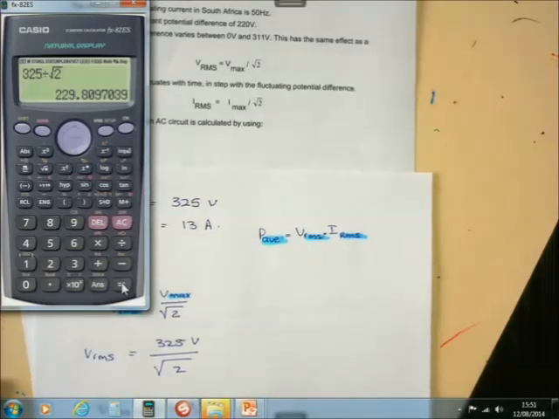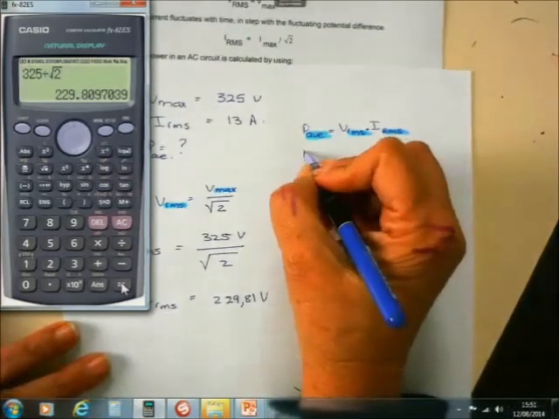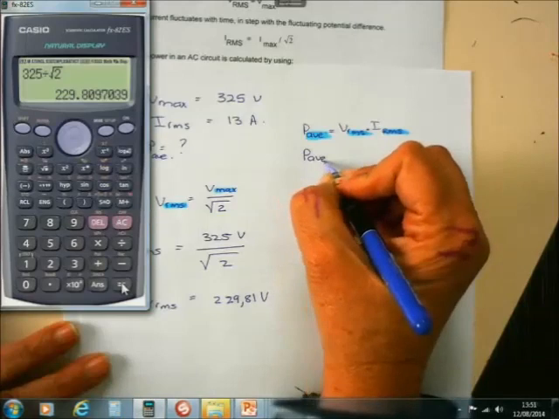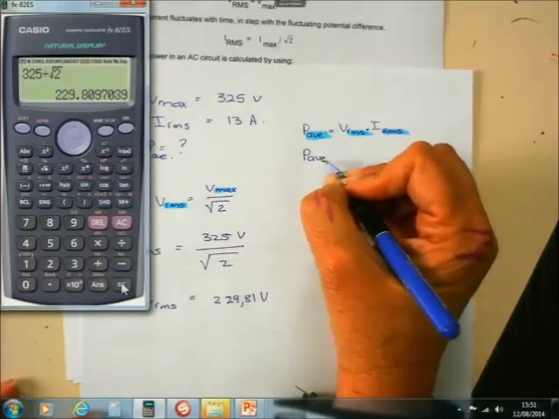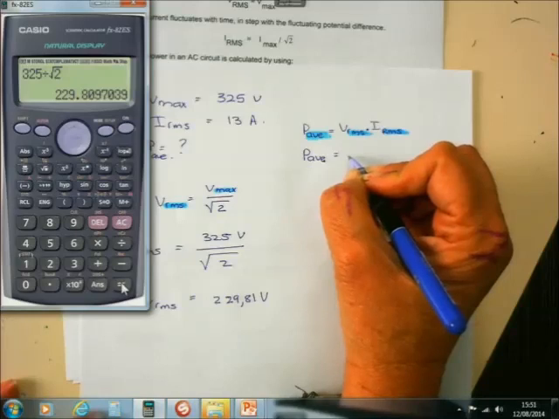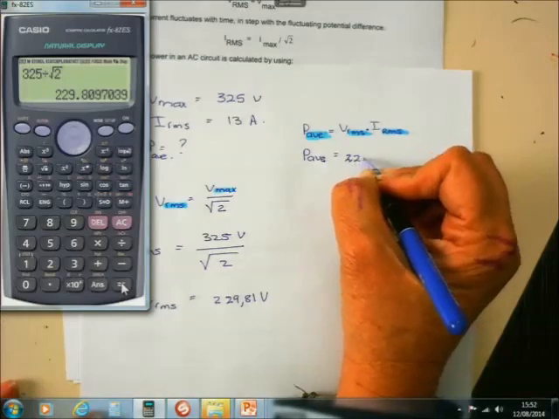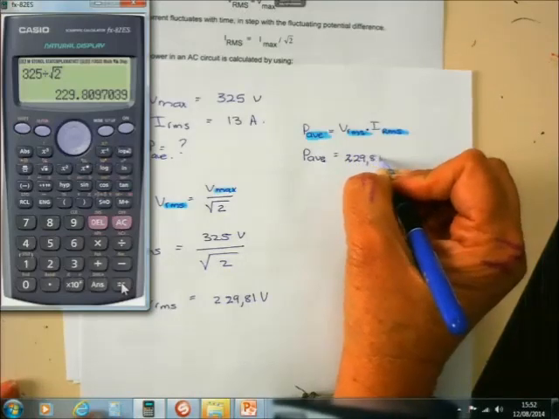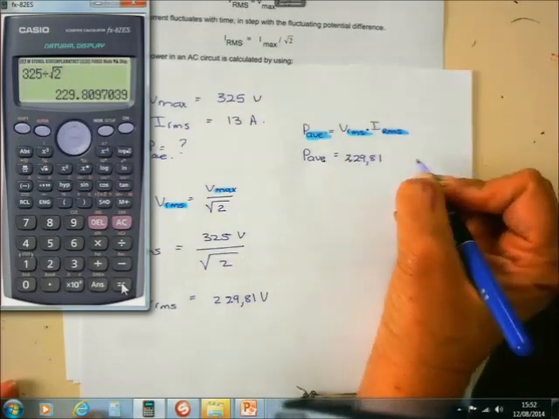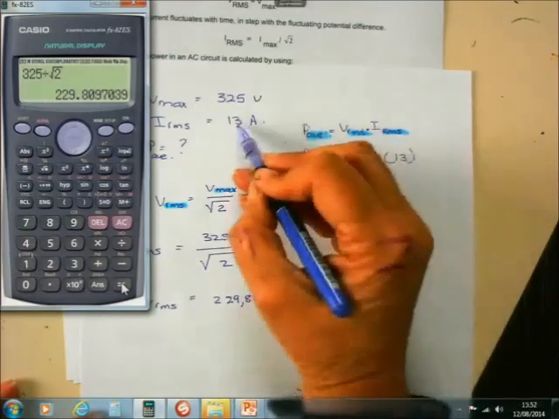Right. So now what do I do now? Now I say P average, because that's what they want to know from me, is going to be equal to VRMS, which is 229.81, times 13, which is IRMS.